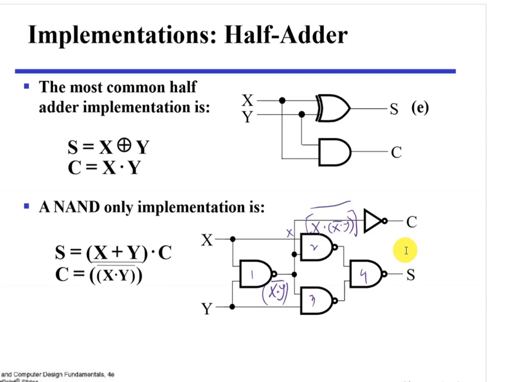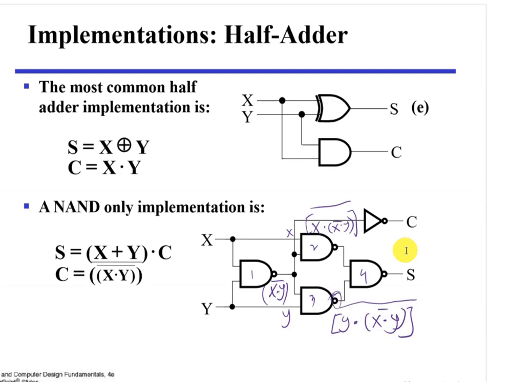The output of the third NAND gate: one input is y, and the other input is (xy)'. The output of this will be y and (xy)', with another complement. This is the output of NAND because of this bubble.